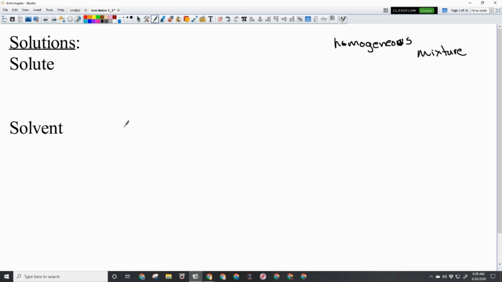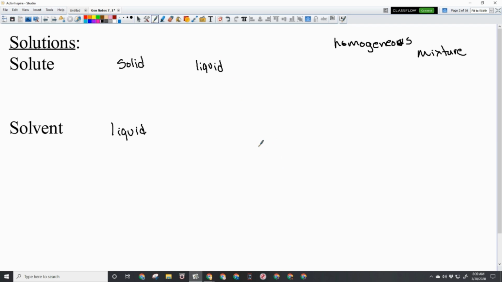Now, usually the solvent is a liquid and the solute is some kind of solid, but not always. Sometimes you can have another liquid as your solute.